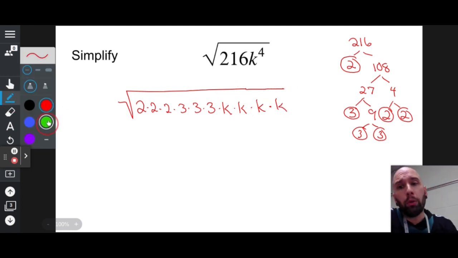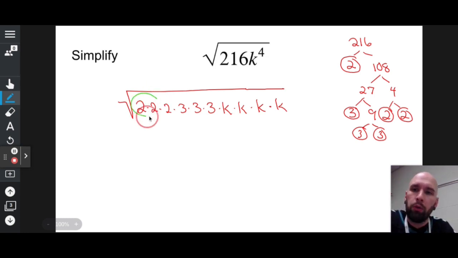This is a square root. So what we're going to do is look for pairs of identical numbers and pull each of them out. Also, pairs of identical variables. Can't forget them. So let's circle a group of 2s, bring one of them out. 2 is left over. Circle a pair of 3s, bring one of them out. 3 is left over.